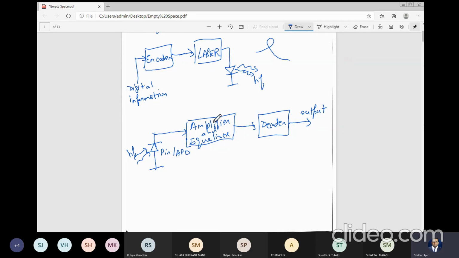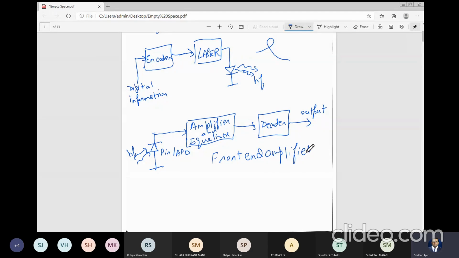If I want to be more specific regarding this, the amplifier will be a front end amplifier. So we'll be using a front end amplifier. Okay. I don't know if you're aware of the different types of amplifiers. No need to worry about that now.